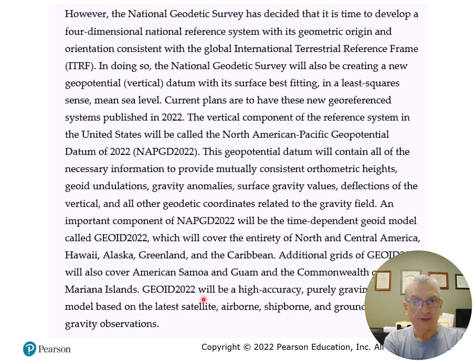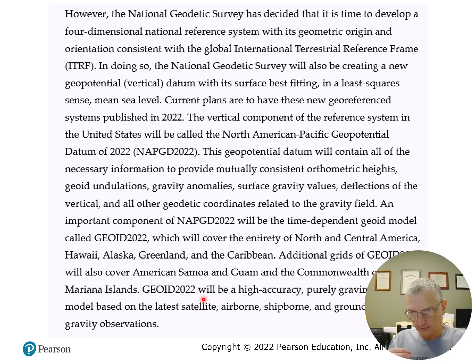So it's not a true survey vertical datum, but it is a geopotential datum, which contains all the necessary information to provide mutually consistent orthometric heights, geoid undulations, gravity anomalies, surface gravity values, deflections of the vertical, and all the other geodetic coordinates and attributes that are related to the gravity field.